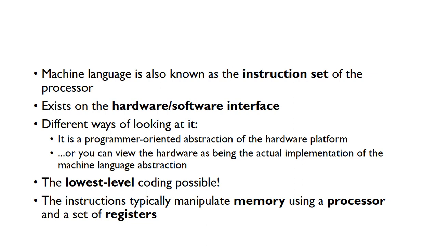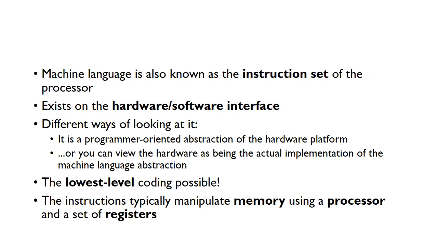There's actually two different ways of looking at it. You can look at it from either a hardware aspect or a software aspect. You could say you've got some hardware platform, and the instruction set tells the programmer what the hardware can do and how to interact with it.